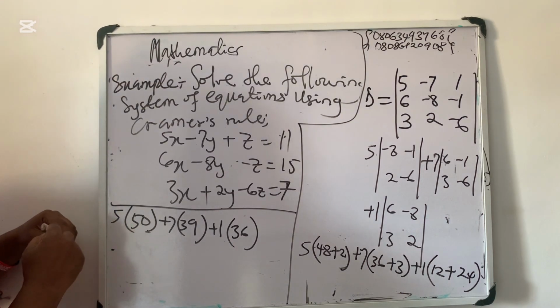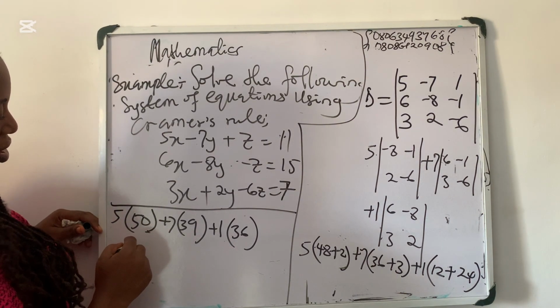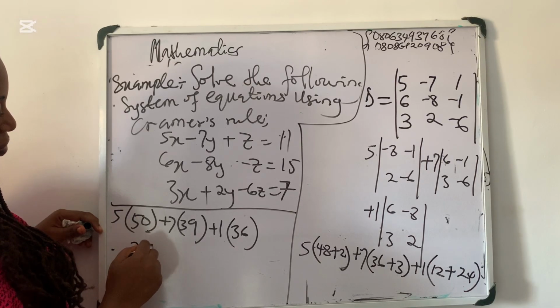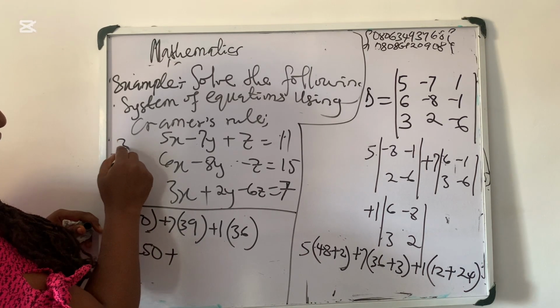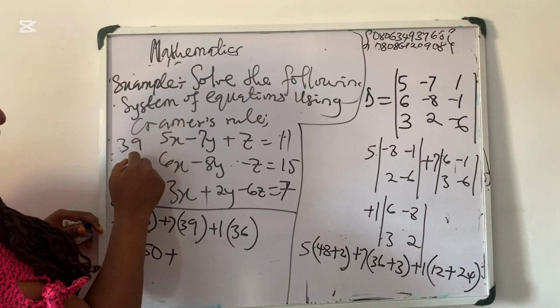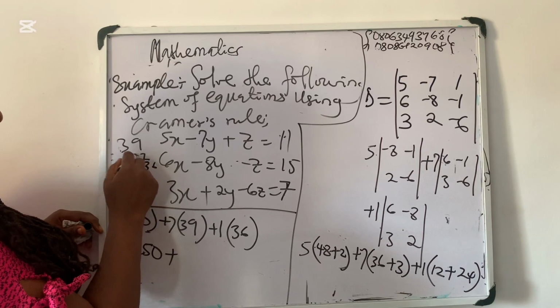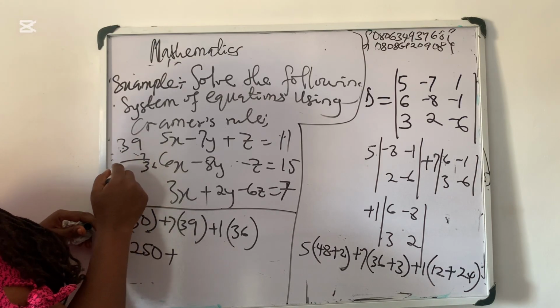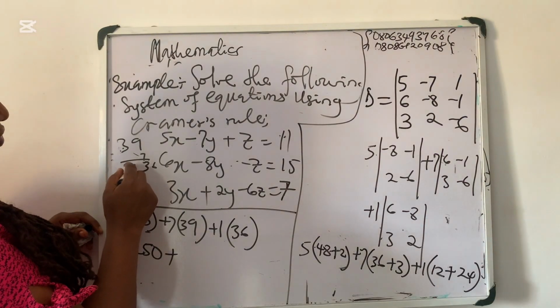Now, 5 times 50 is 250. Plus 7 times 39, which is 273.